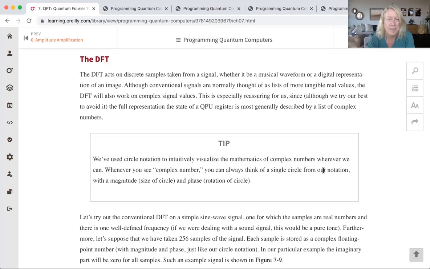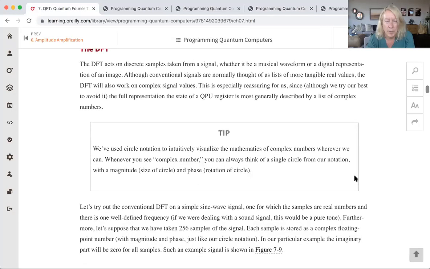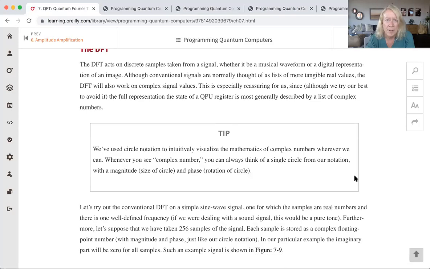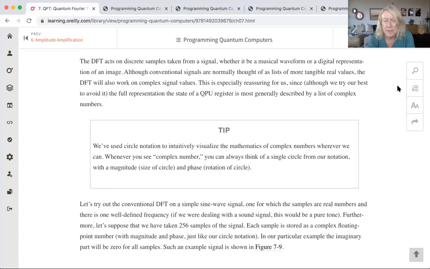So for reference, the book talks about the DFT. As Jeremy was saying, it acts on discrete samples taken from a signal, whether it's musical or a digital image. And the DFT will work on complex signals as well, because as you were saying, to have that measurement, you're going to have complex numbers.